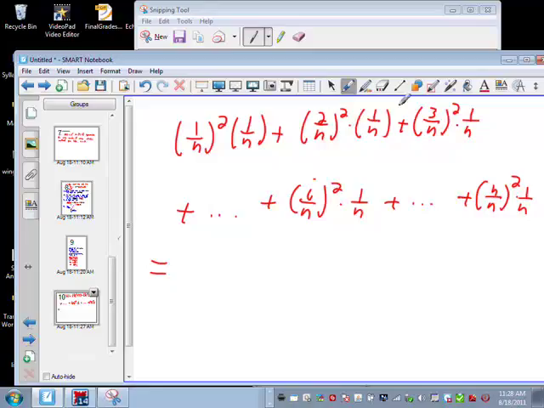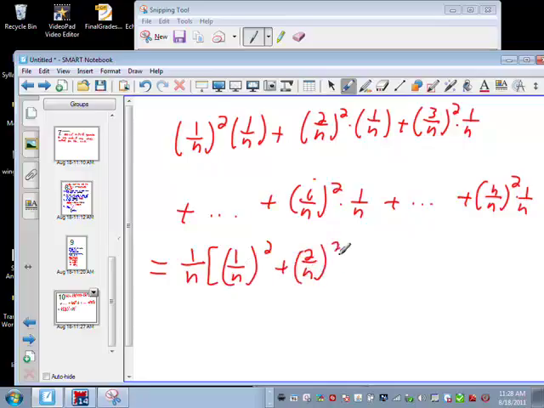All right, so each one of these has 1 over n in common, right? So it's 1 over n times 1 over n squared plus 2 over n squared plus 3 over n squared plus dot dot dot n over n squared.